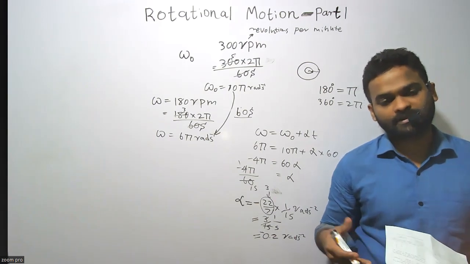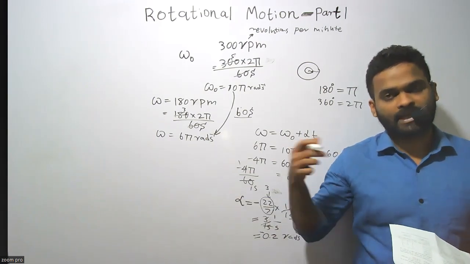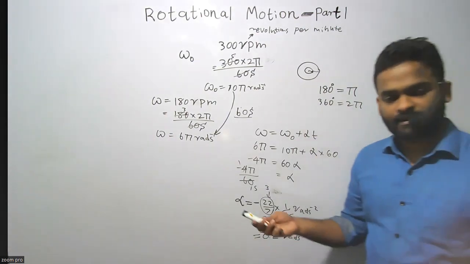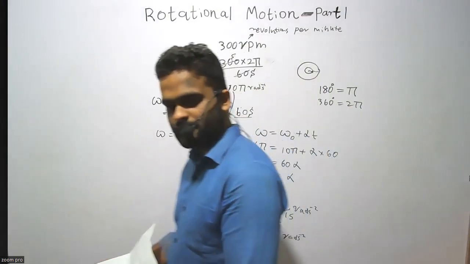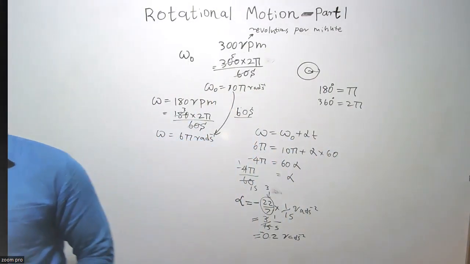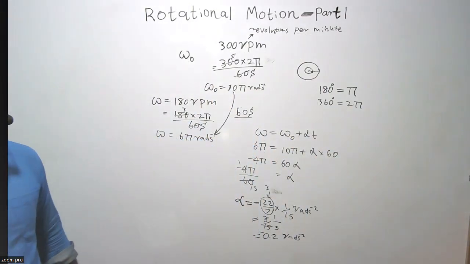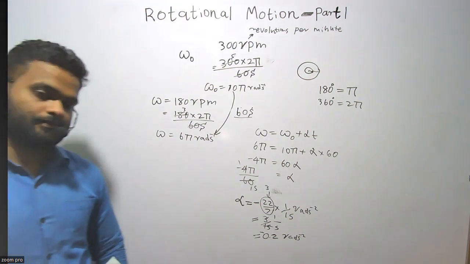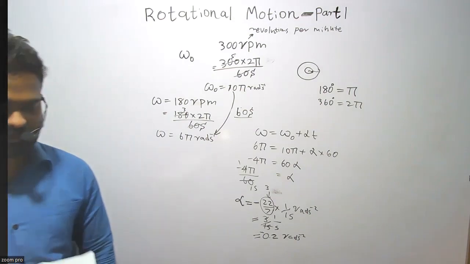Got it? Deceleration is plus, but acceleration is minus. Okay. So always think in terms of linear motion equations, right? Whenever there's a confusion, you can think in terms of linear motion and then get the correct answer.